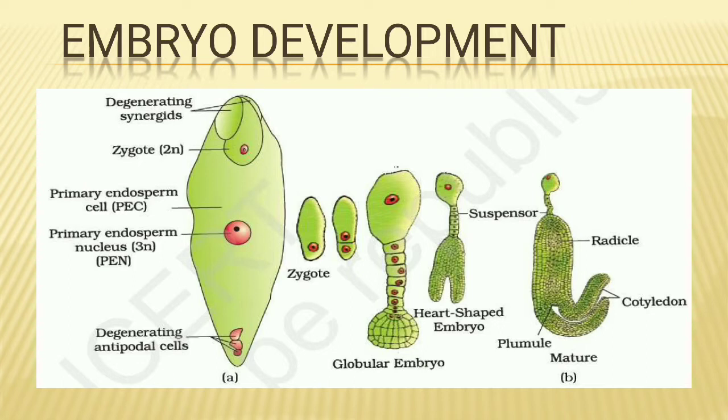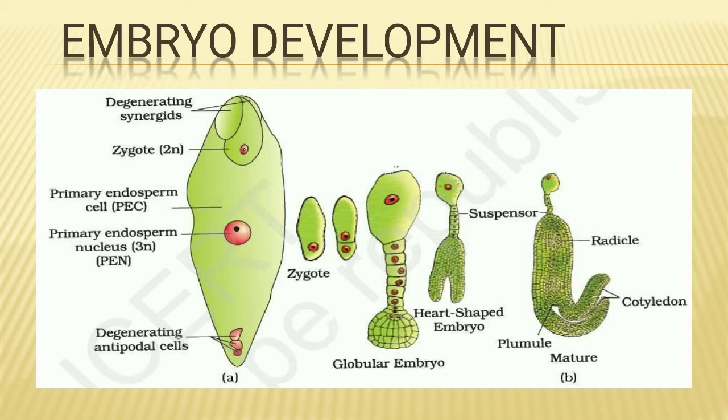The upper cell doesn't divide, and the lower cell divides into several cells by mitotic division. Such an embryo is called a globular embryo. Behind you can see a globe-like structure.